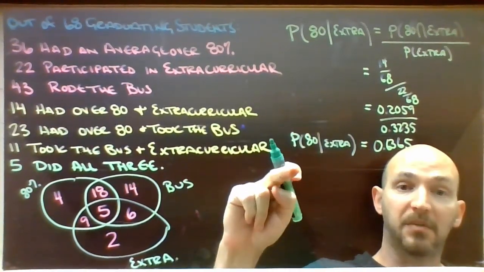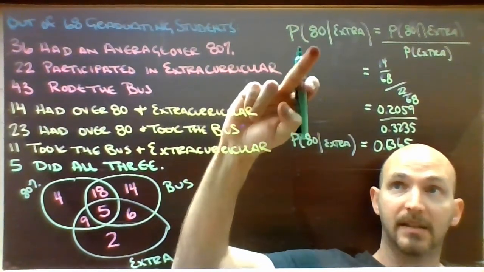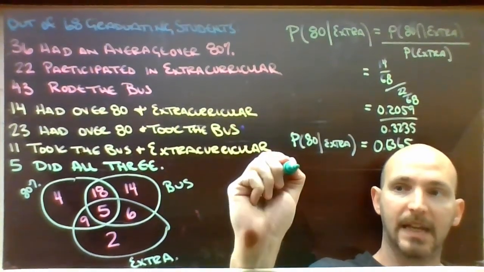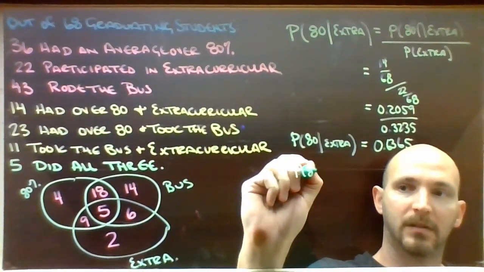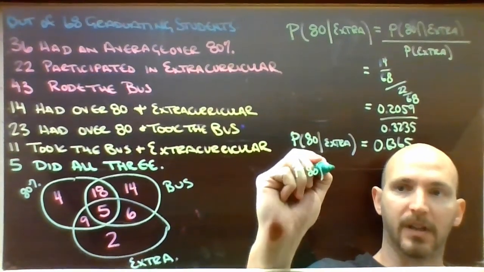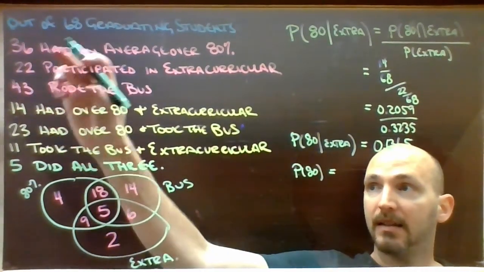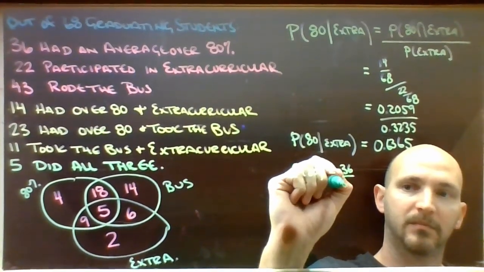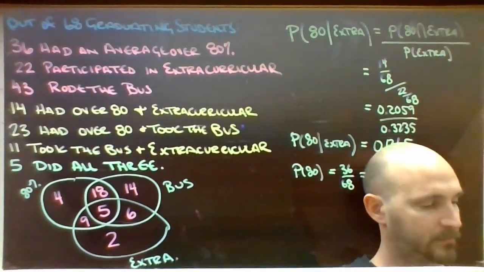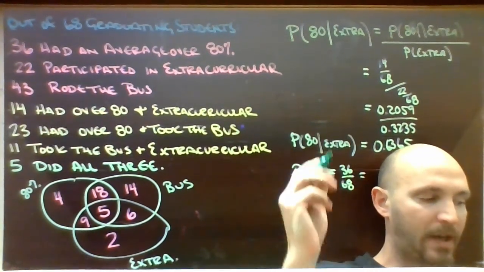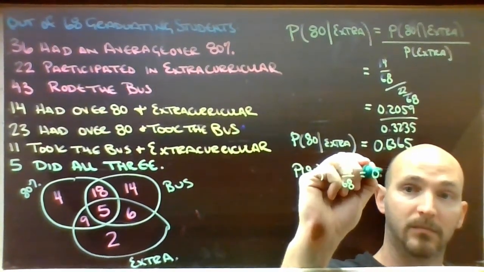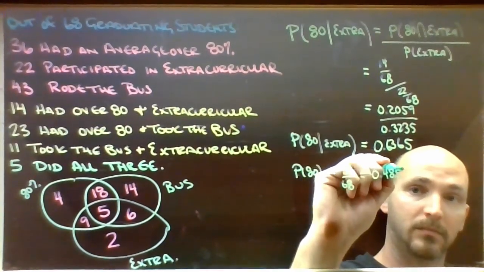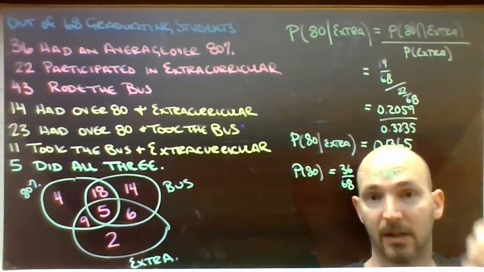Now, the thing I need to compare that to determine independence is the probability of getting an 80, regardless of whether you were in extracurriculars. So that is 36 out of 68 people, 0.4853. Now, these two values clearly don't match.